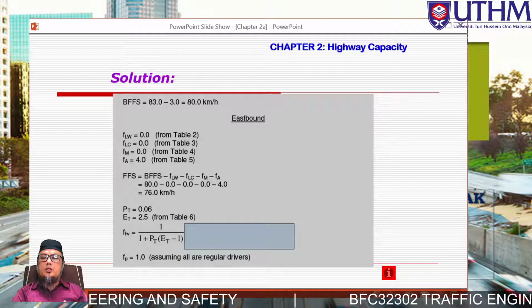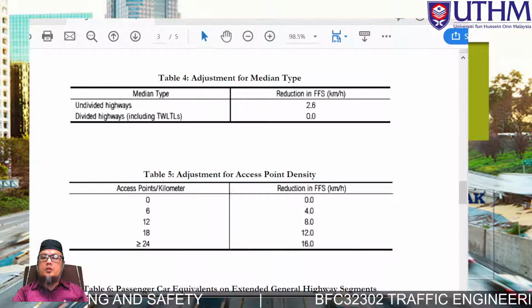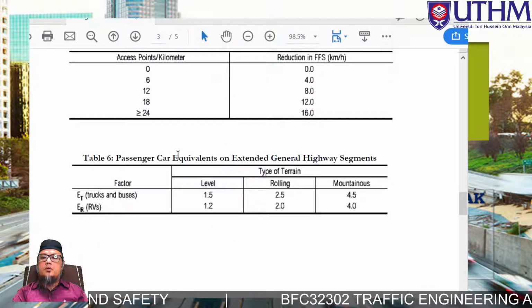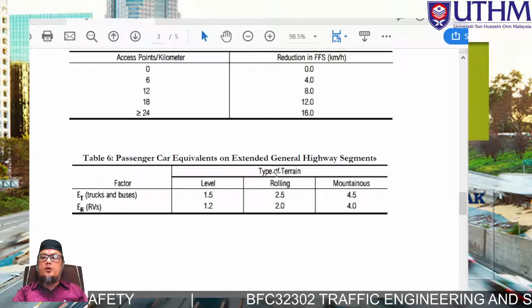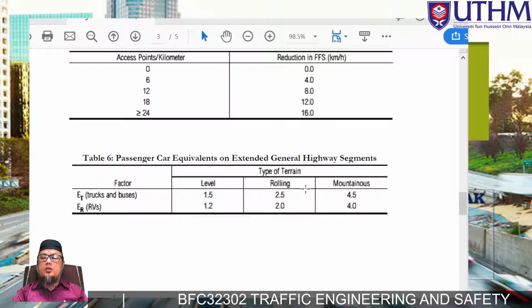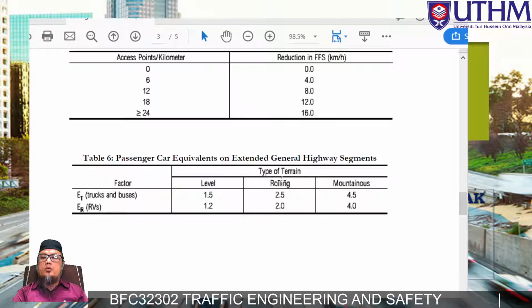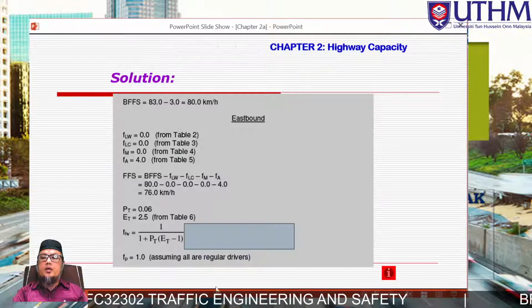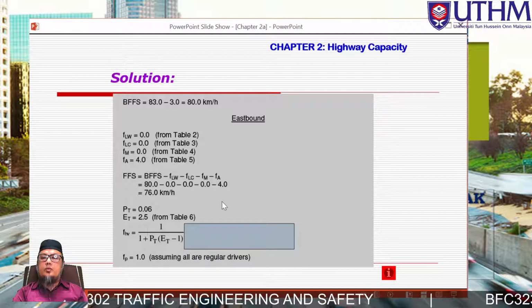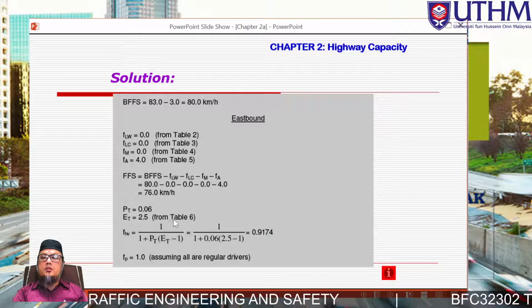So how to derive ET? We go back to this table. Equivalent factor for heavy vehicles and RVs. But we don't have RV, we have ET only. The condition of the question is rolling terrain. So 2.5. That's why we have 2.5 here. So we insert the values in this formula.